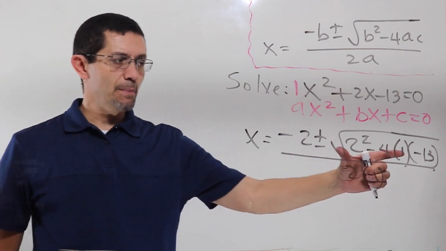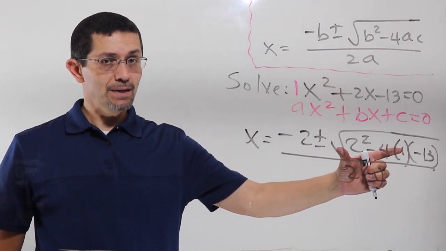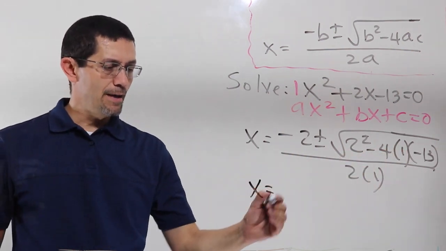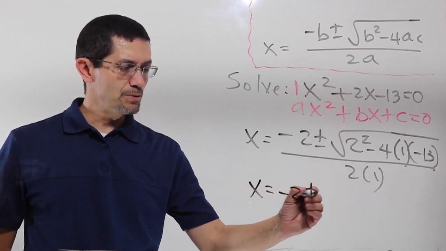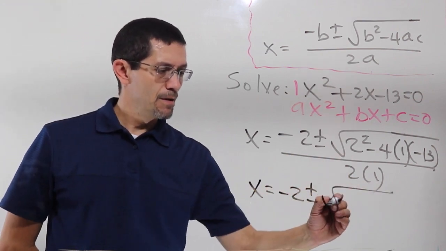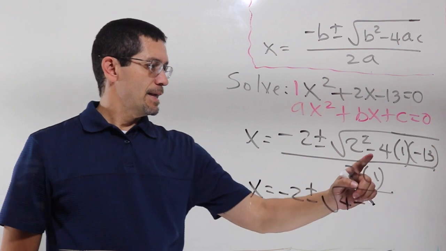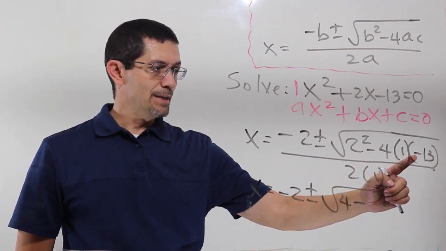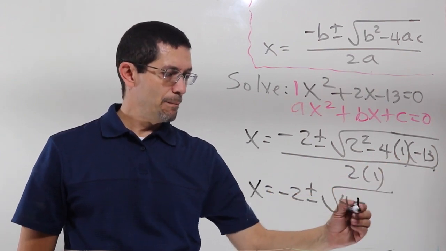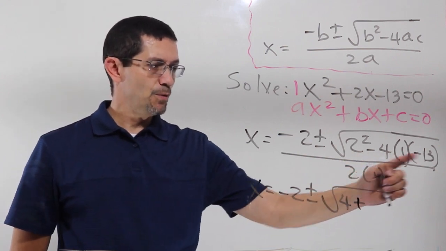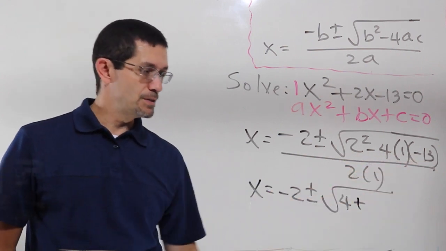And after that, it's just a matter of solving inside the radical. Be careful with that one. So I have x equals negative b, which is negative 2, plus or minus the square root of 2 squared, 4, minus negative times positive times negative. So those two negatives become positive. And 4 times 1 is 4 times 13 is 52.